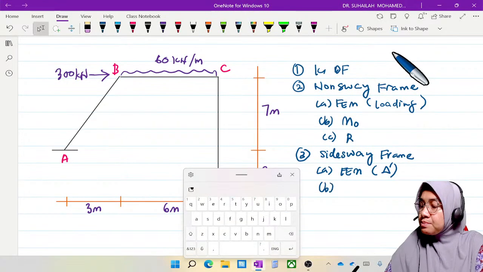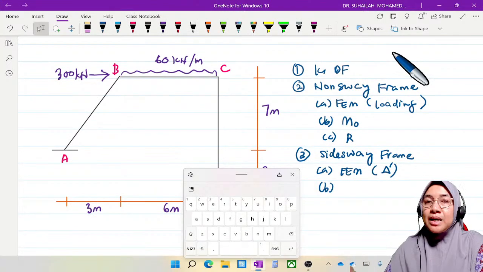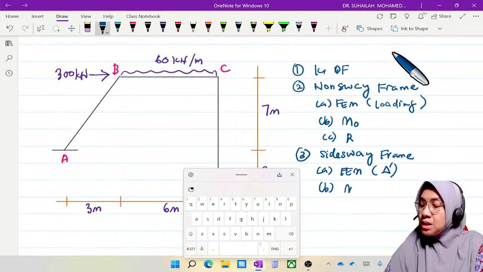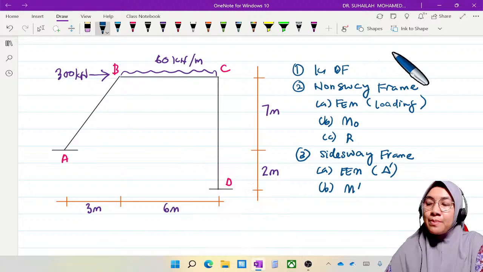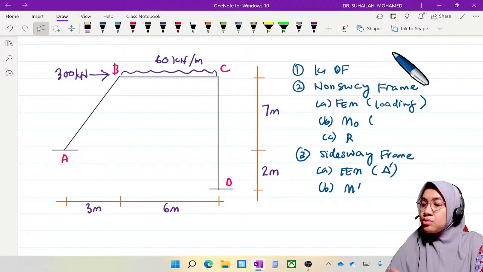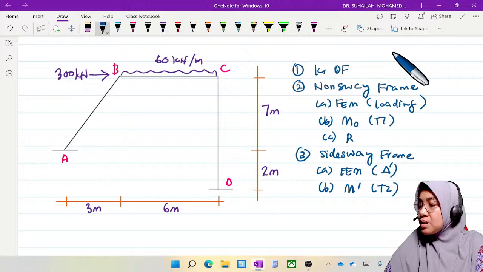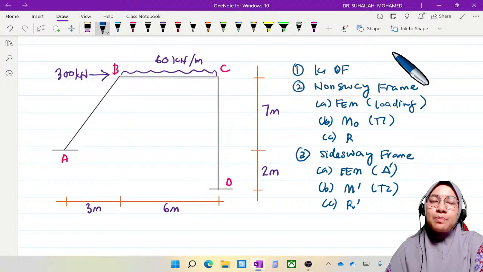So B, from FEM we will calculate the end moment, and the label is M prime for table number 2. This one is from table 1, this one is from table 2. And C is restraining force R prime.